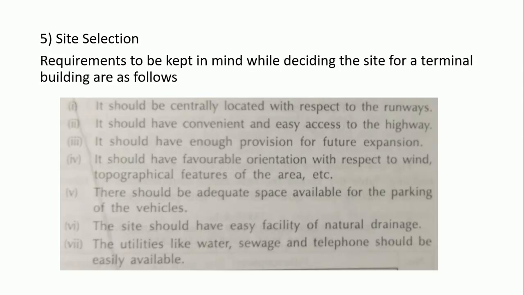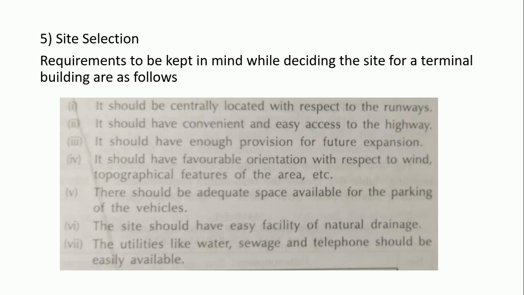The fifth one is site selection. The requirements to be kept in mind while designing the site for the terminal buildings are as follows. First, it should be centrally located with respect to the runways. Second, it should have convenient and easy access to the highway. It should have enough provision for future expansion.